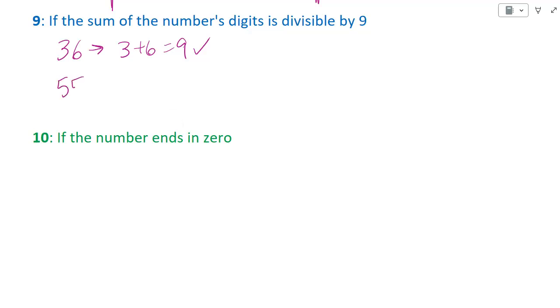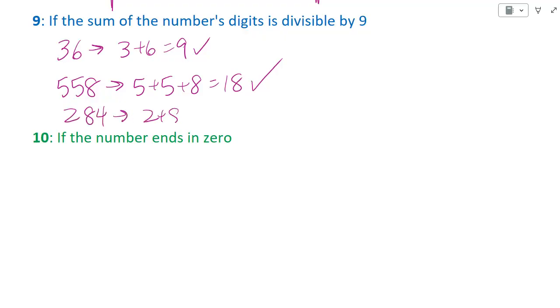Larger number, 558. 5 plus 5 plus 8 is 18. 18 will divide by 9. 284. 2 plus 8 plus 4. It's going to be 10 plus 4 is 14. Will not divide by 9, so that doesn't work.